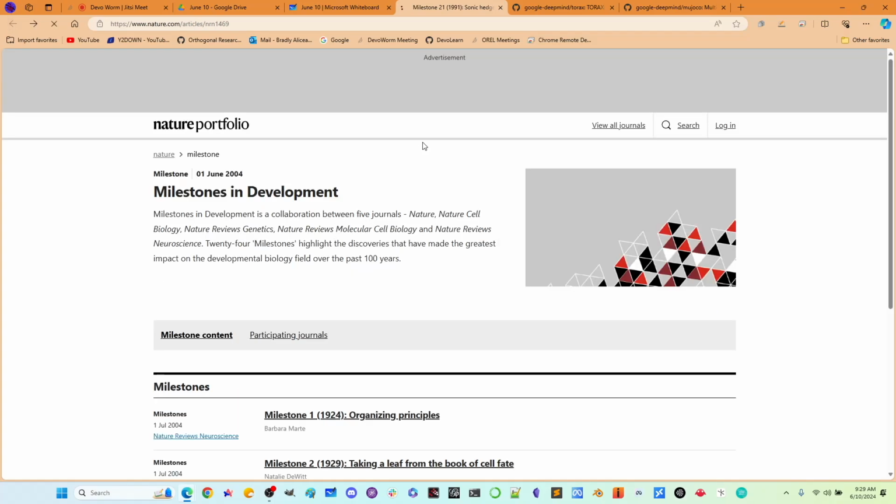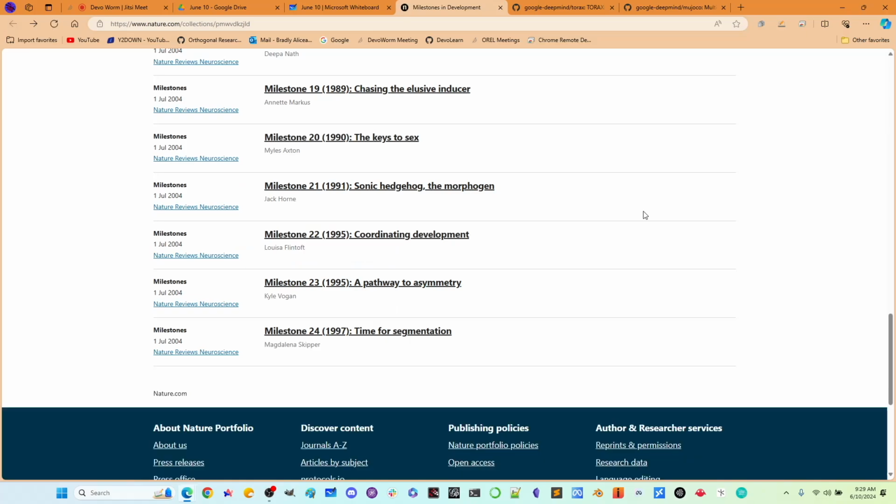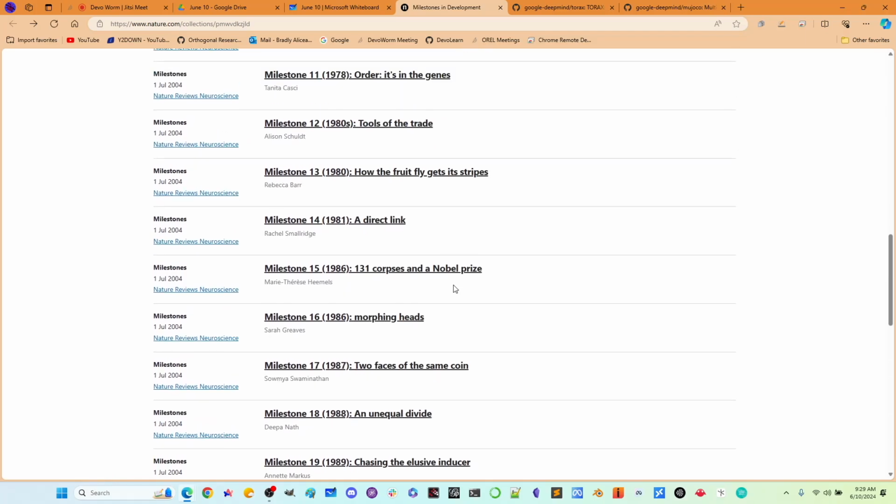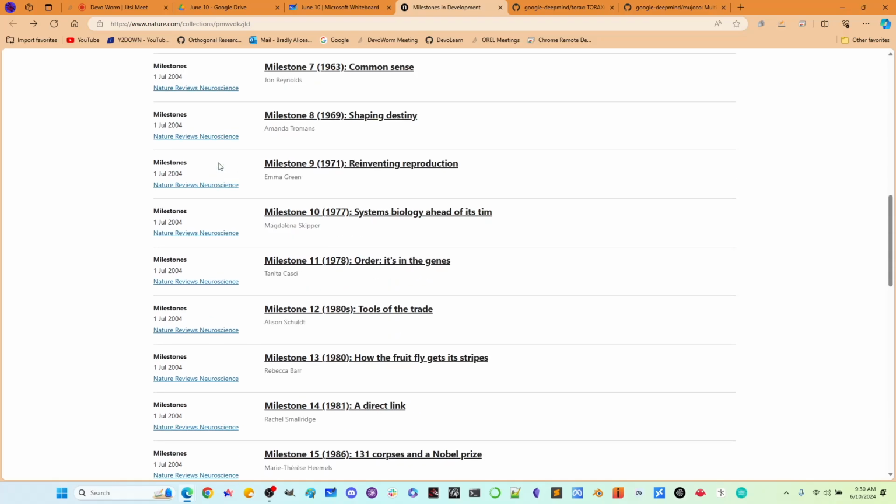So all of these milestones, I like the way this is organized, and the date in parentheses is the date where this discovery was made. It stops at 1997, but it's still pretty useful in terms of framing some of these ideas and their intellectual lineage and what it's led us to. So it's a very good collection of papers.